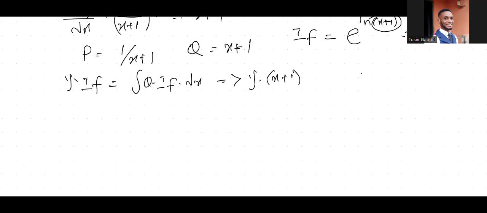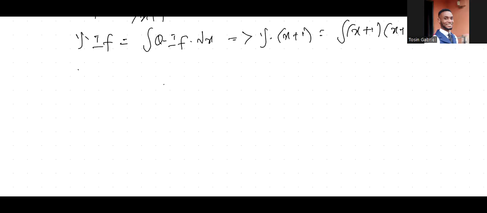Q is x plus 1 also, and the IF is also x plus 1, then dx. So we have that y multiplied by x plus 1 is equal to the integral of (x plus 1) all squared, so we are going to square it, then you put your dx.